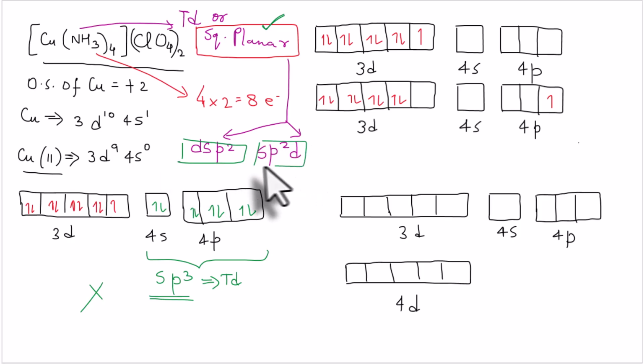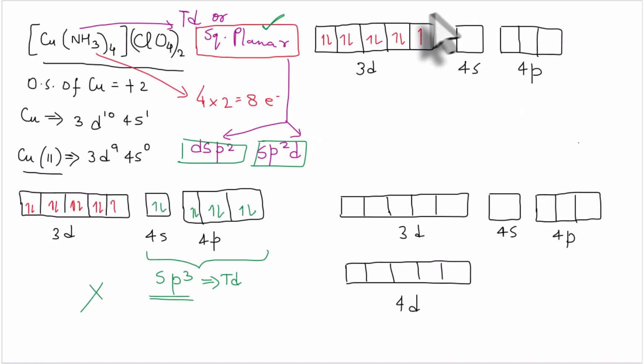Now out of these two, what should be the real hybridization? First, dsp2 was attempted. How was it attempted? It was suggested that the d9 electron, the last single unpaired electron, migrated to the 4p orbital. When it migrated to the 4p orbital, this 3d orbital became vacant, and the situation was like this.